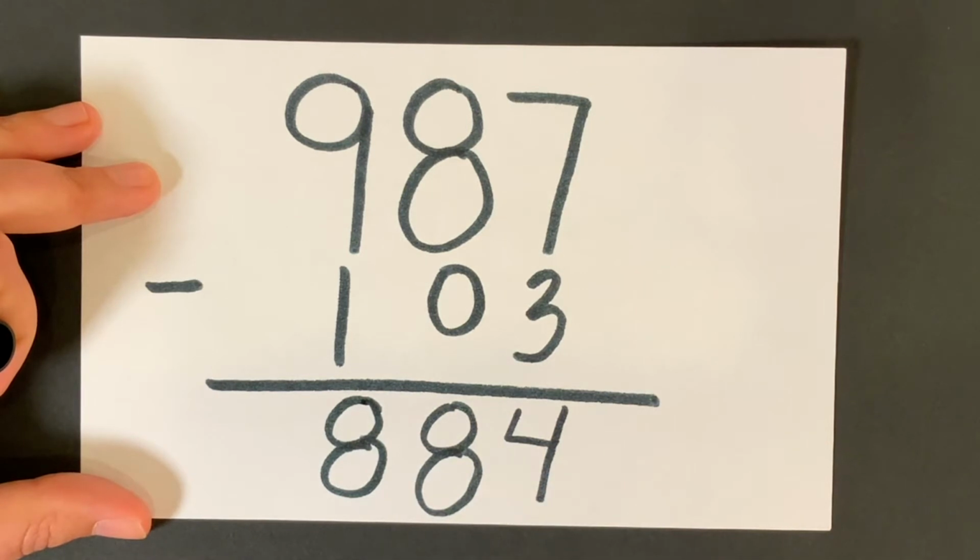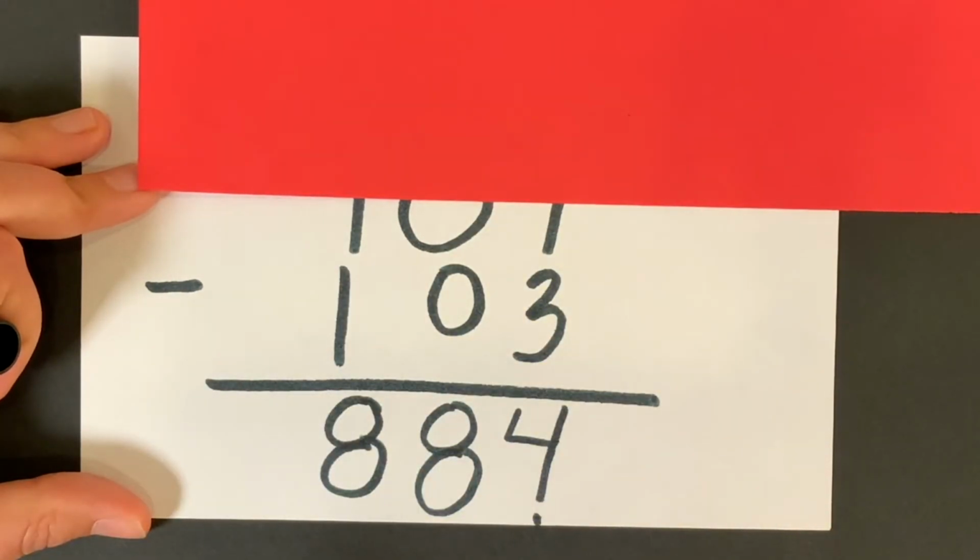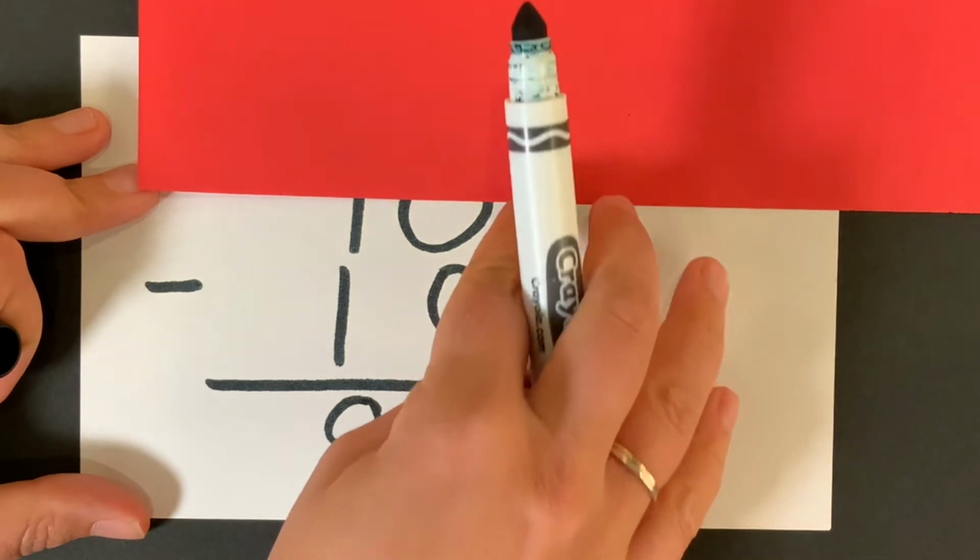So instead of working with 884 pieces of paper, we are going to have one color for each place value. In this place, we have red. How many pieces of red do we want to cut? 4. Great.